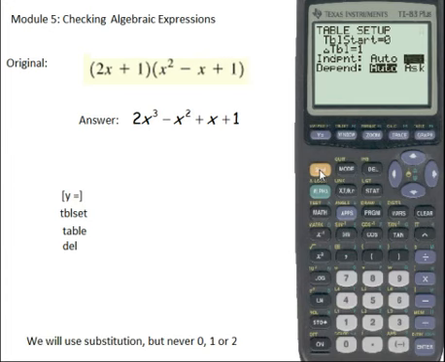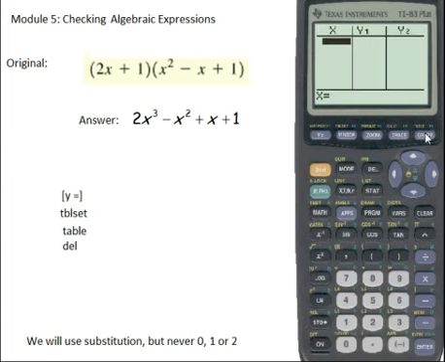Alright, so that when we go to second table, which is above graph, right now it's empty. If it wasn't empty, you would use the delete key to empty it. Alright, and I'm going to assign a value of 11 to x. I can choose anything, just don't choose 0, 1, or 2.